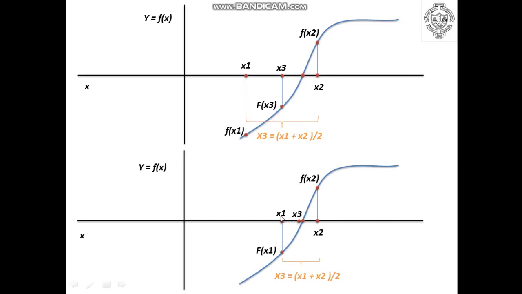Here also you have to replace this x3 with x1, and with the new x1 and x2 the midpoint between these two points can be calculated, which will come here. Again you have to replace this point with x2, and finally the midpoint of this new point and the previous x3, which is now x1, can be taken, and it can be as close as possible to your exact root.